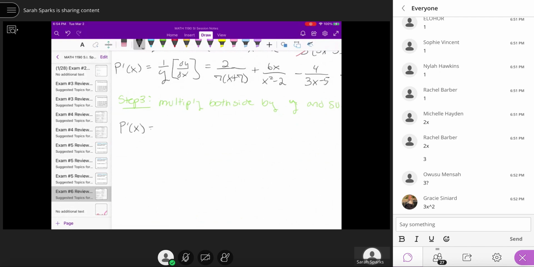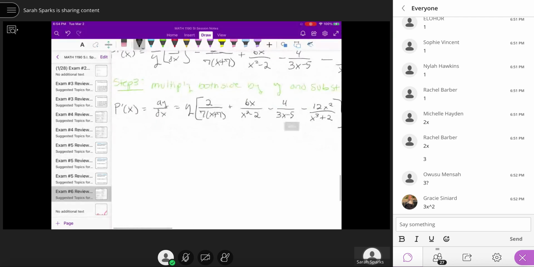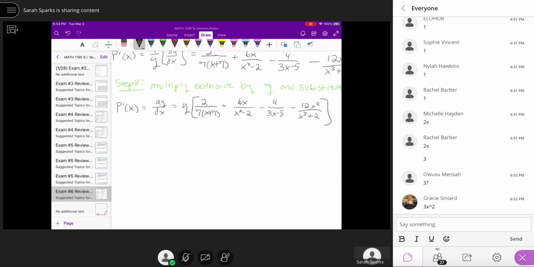So we get p prime of x is equal to dy dx is equal to y times 2 divided by 7x plus 7 plus 6x over x squared minus 2 minus 4 over 3x minus 5 minus 12x squared over x cubed plus 2. And then all we have to do, and then we're done with the problem, is substitute our y back in.